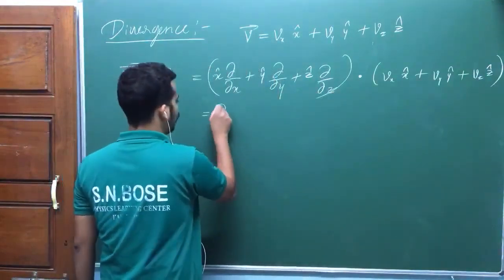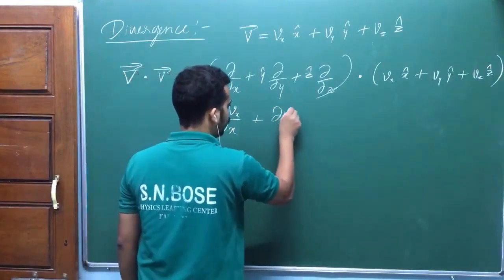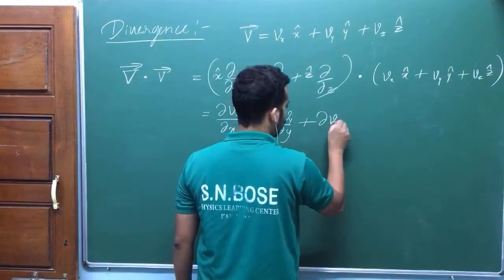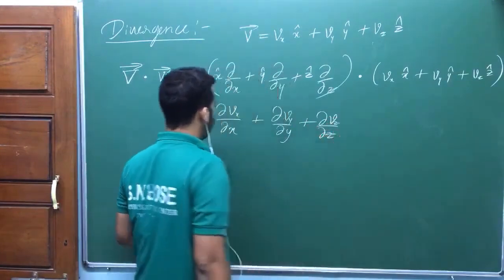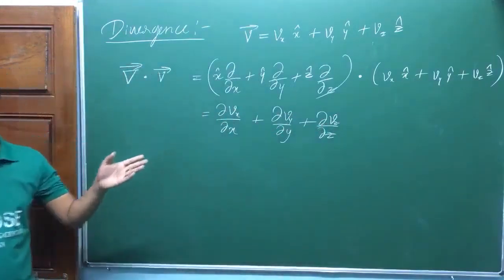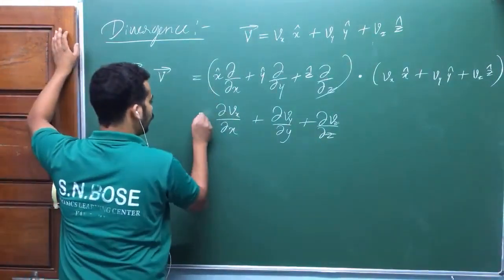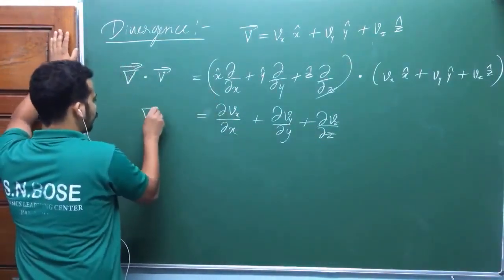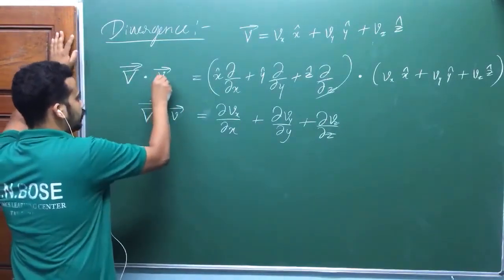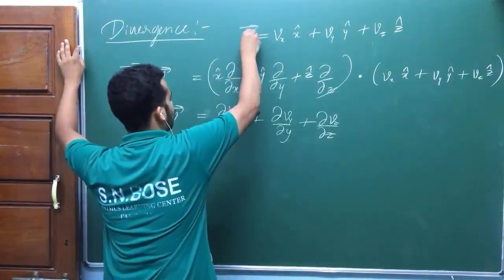That's how we write: dou Vx by dou x plus dou Vy by dou y plus dou Vz by dou z. Each of these Vx, Vy, Vz is a function of all 3 coordinates, x comma y comma z. So this is how we define divergence of a vector field. You better write a small v because I'm going to take big letter V. It's capital letter for us.